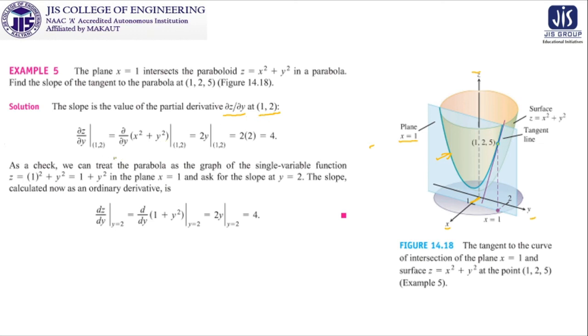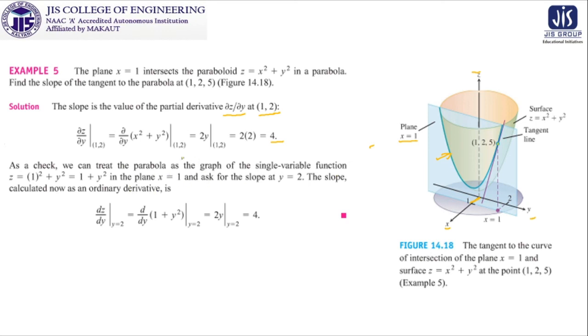So del z del y is a very easy calculation. We will get it as 2y, and the point is 1 comma 2, because 5 is generated by 1 comma 2, and putting this we will get 4.